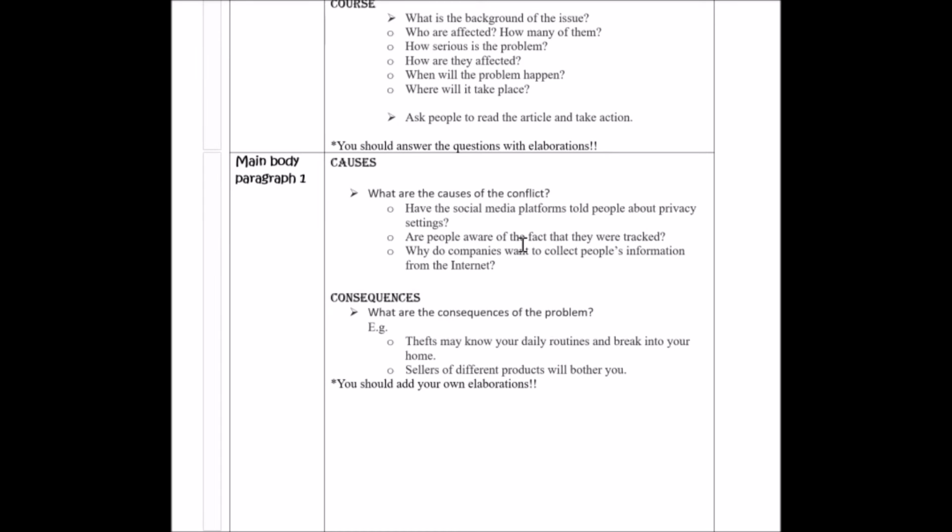Are people aware of the fact that they were tracked or they were being stalked? And what are the consequences of the problem actually? Okay, for example, the thieves may know your daily routines and break into your home. But of course, you can tell us your ideas. You don't need to be exactly the same as what I think, okay?